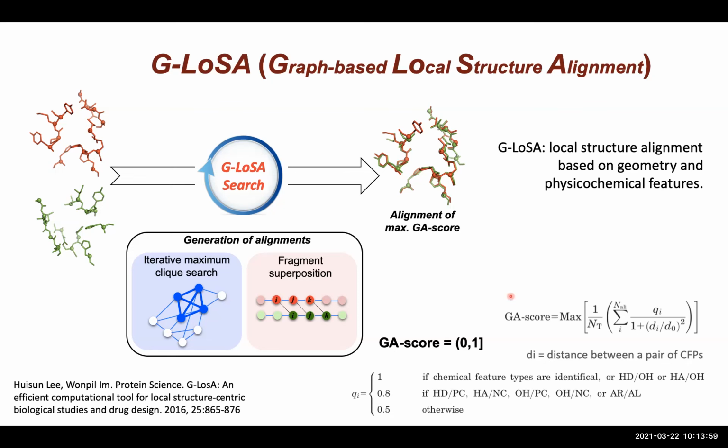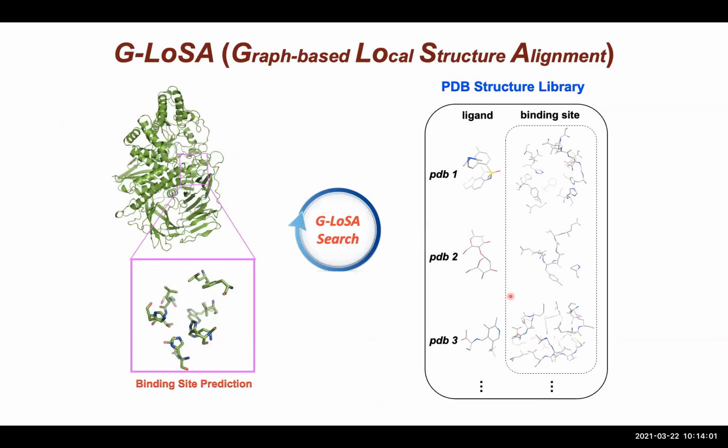The way we use GeoLoSA for binding site prediction on a protein is this way. We have the whole protein shown in green ribbon diagram representation. Through GeoLoSA search, we have curated a PDB structure library that contains these local ligand binding site structures along with their ligands.